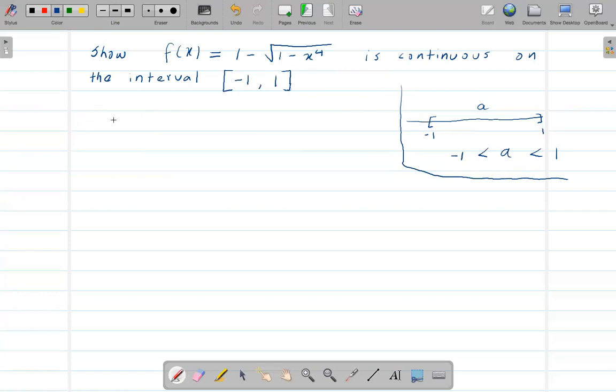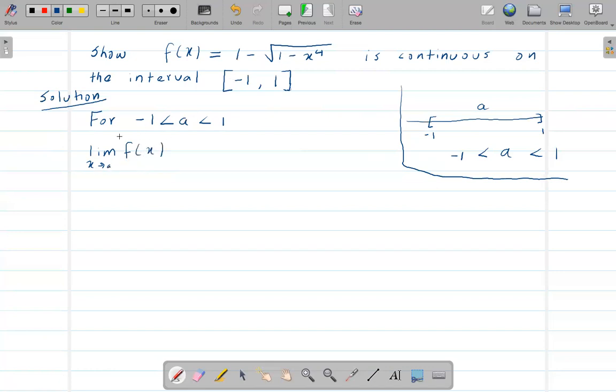So now let's write the actual solution. If A is in between -1 and +1, let's say that x goes to that point A. We don't know what point it is, but we're just saying it is some point in that interval, and x goes to A on this function.